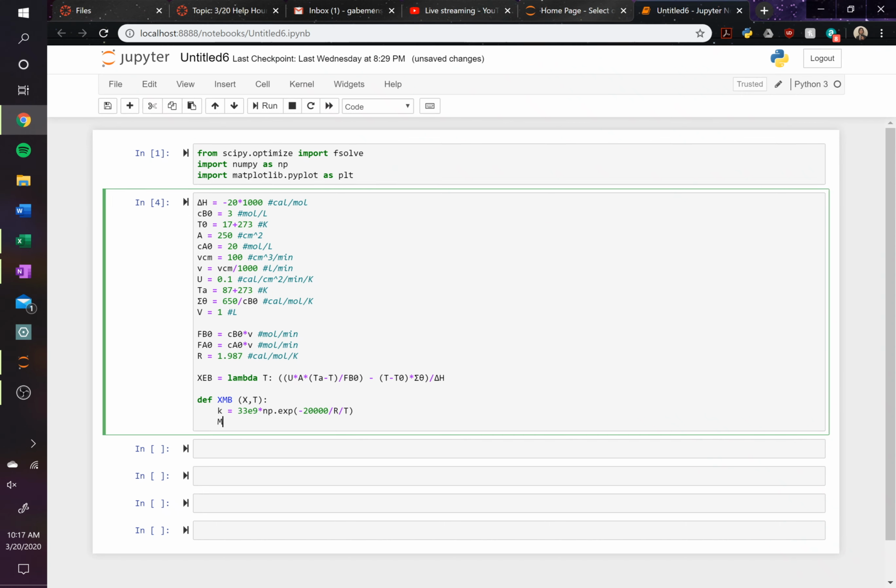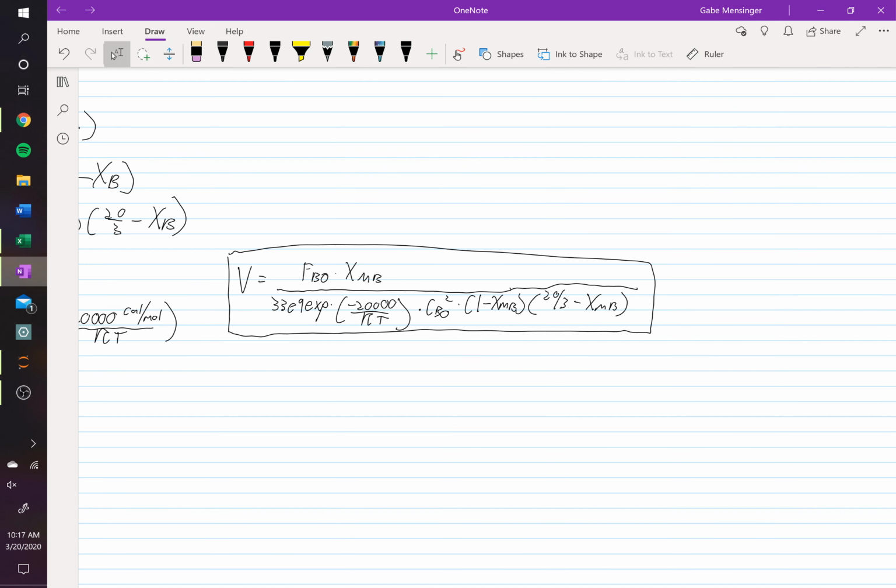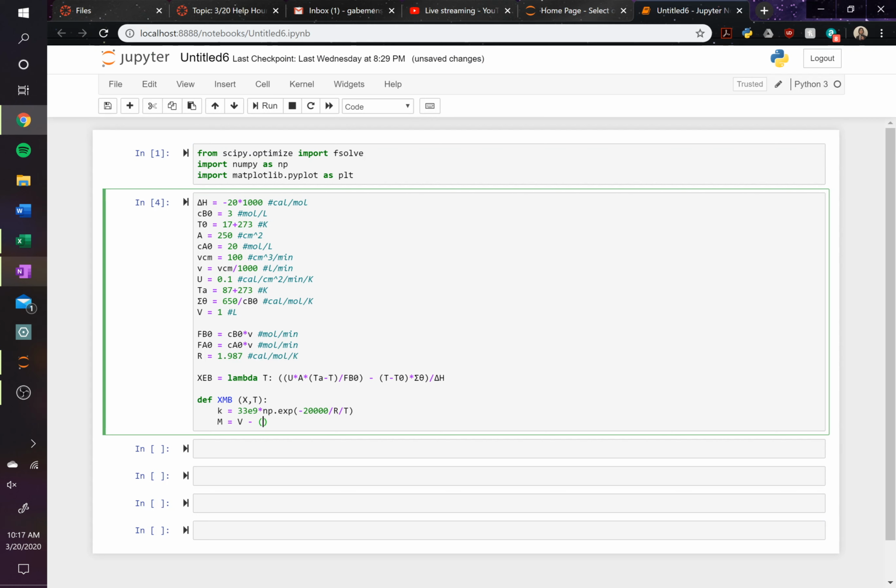So I'm going to just put some dummy variable, which I'll just say is m. I got V minus my whole right-hand side. Make sure I get this in right.